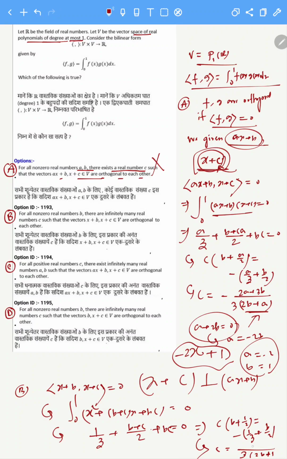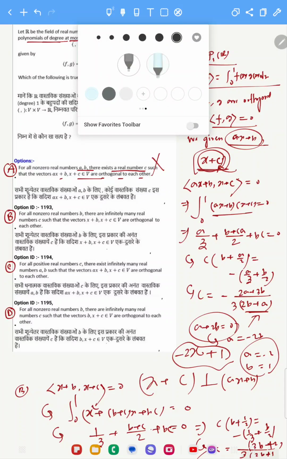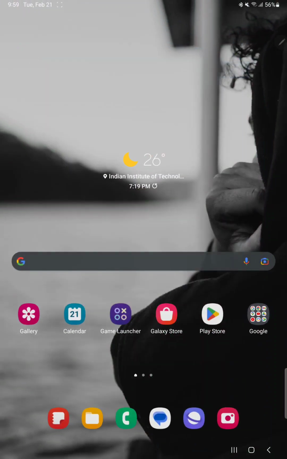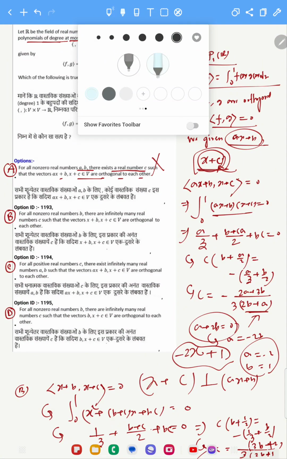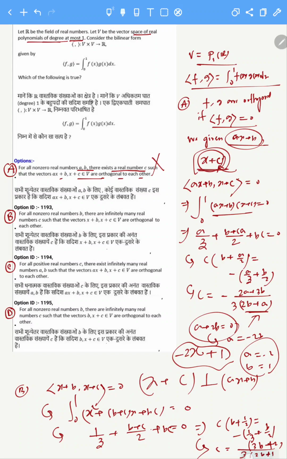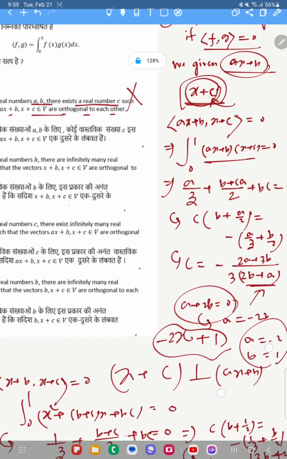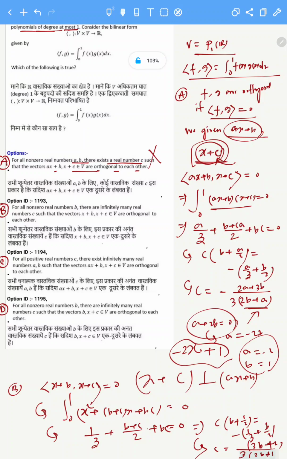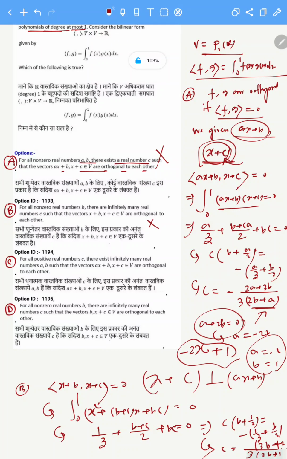Similarly, the denominator 2b plus 1 may be 0 for some b. If you choose b to be minus half, it will be 0. So option B is also wrong in the same way.